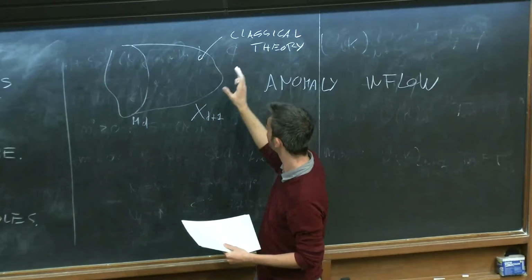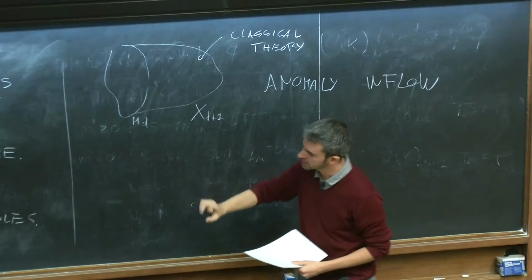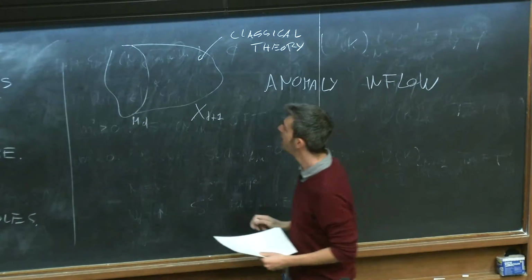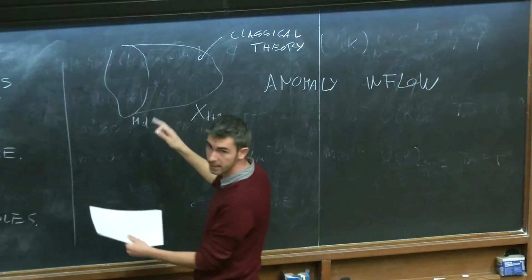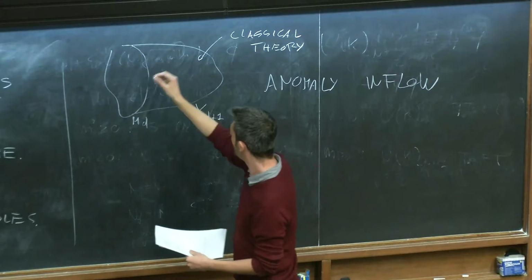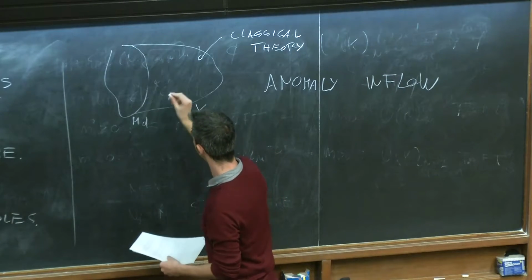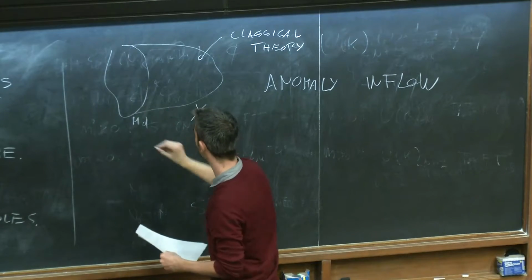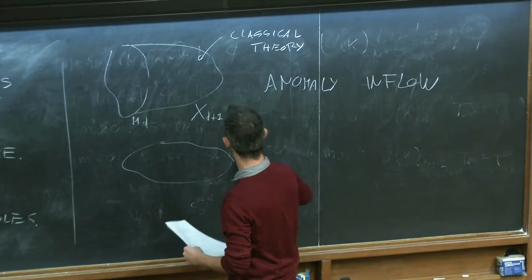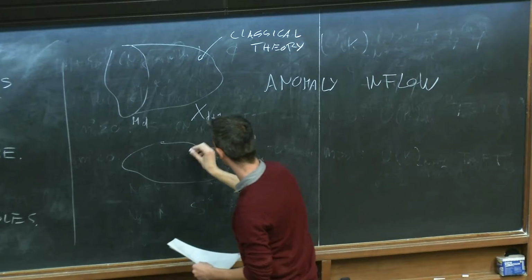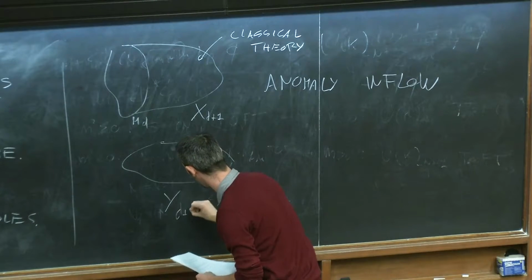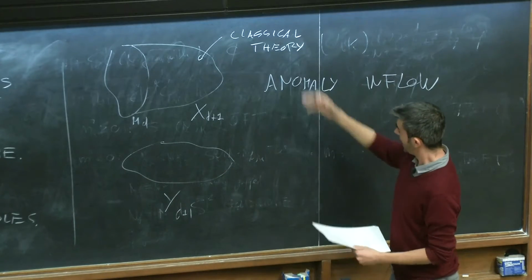So somehow, for the background fields, in order to define the consistency of a partition function, we need extra data. We need to specify some extension. And then we can ask, what is the dependence as we change the extension? And once again, the trick is that if we want to compare two extensions, we close the manifold, and so we evaluate this classical theory on closed manifolds, let me call them Y_{D+1}.